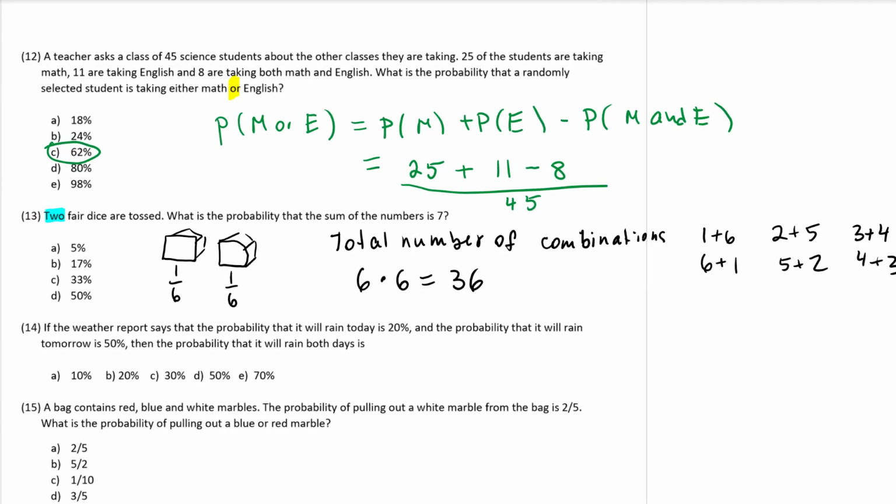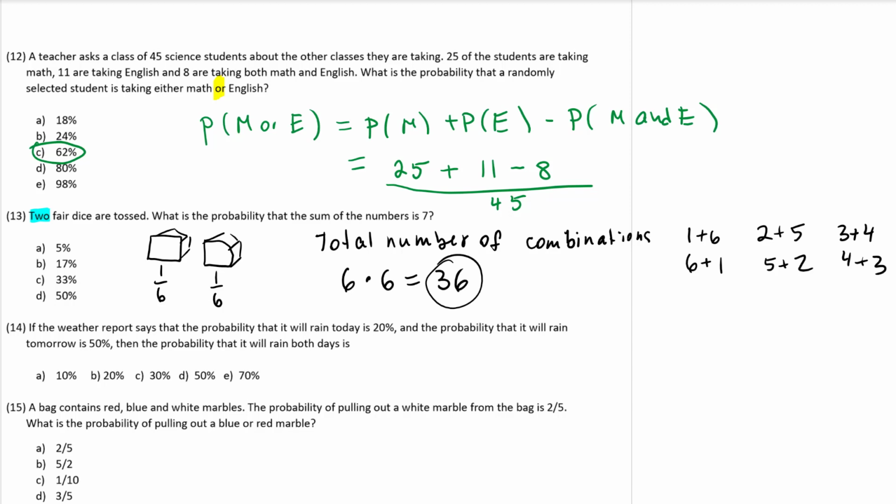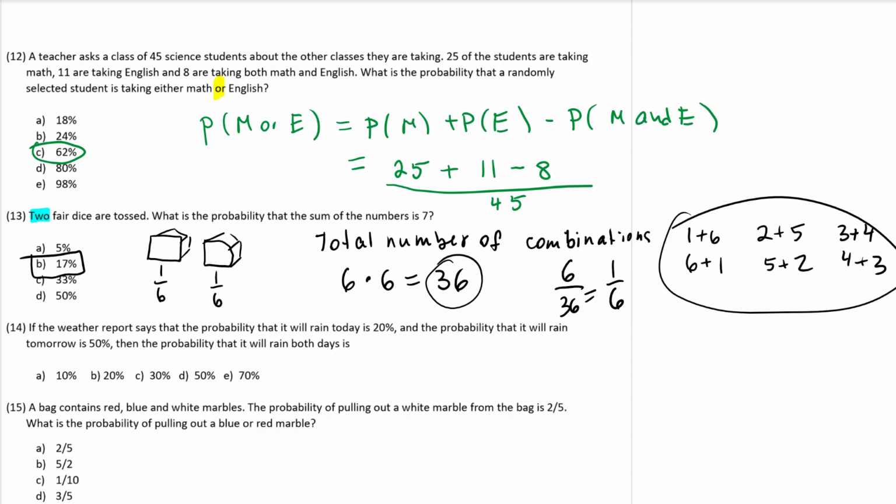The total is 7 here. So out of these 36 possibilities, 6 of them give us 7 as a sum. So therefore, the answer is going to be 6 out of 36, which reduces to 1 over 6, and as a percentage, it gives us 17%.